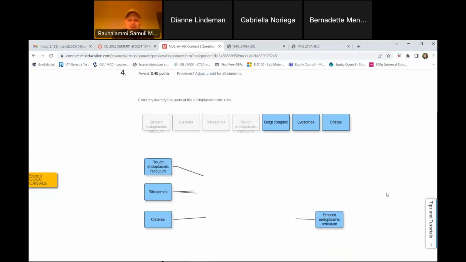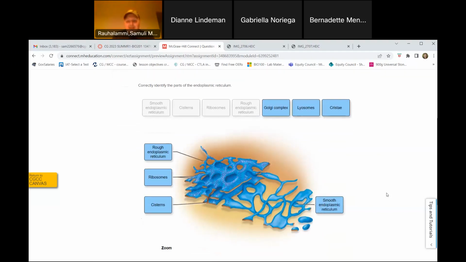Next question, we're seeing the endoplasmic reticulum, and you notice that we have smooth endoplasmic reticulum, which served many different chemical purposes. In this case, the one highlighted is that this organelle synthesizes phospholipids.